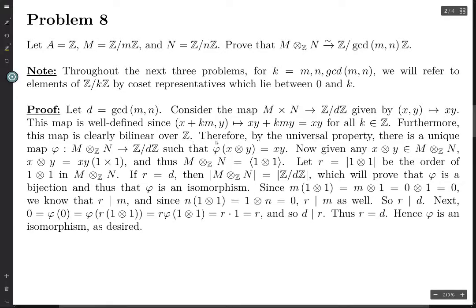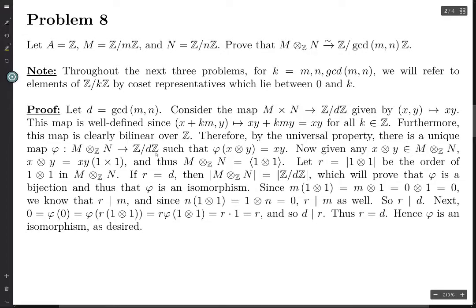So that's that. And also, if you have (x1 plus x2, y), then that being the same as (x1, y) plus (x2, y), that's just distributivity. So that's bilinearity.